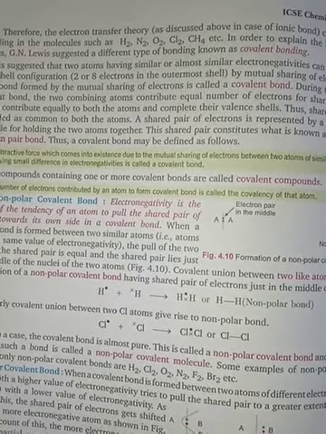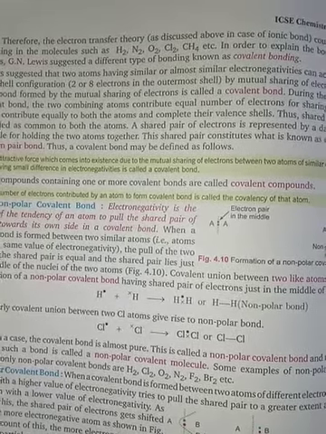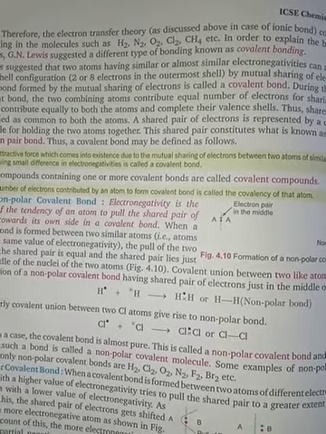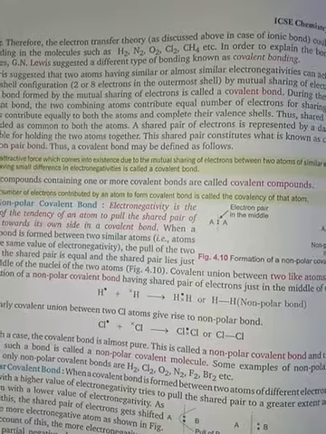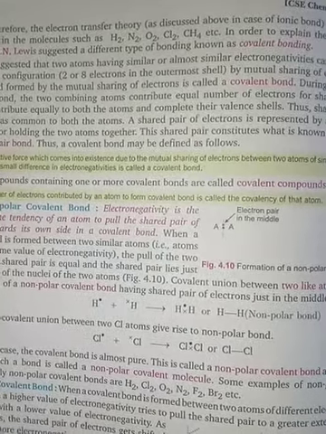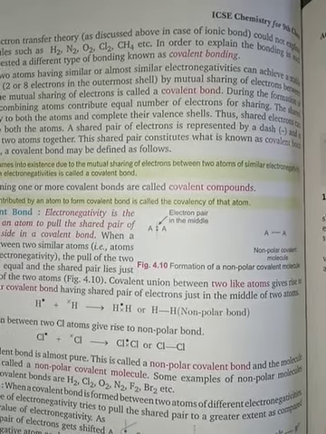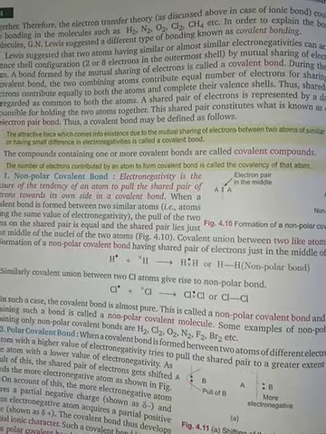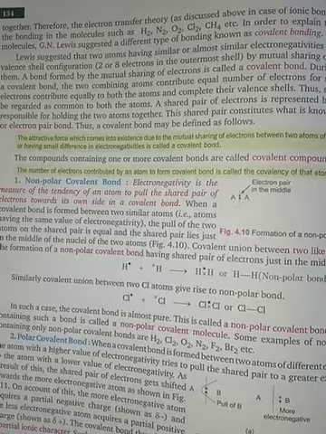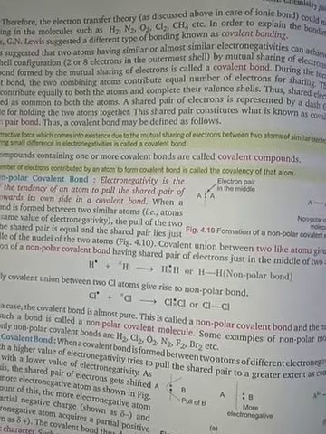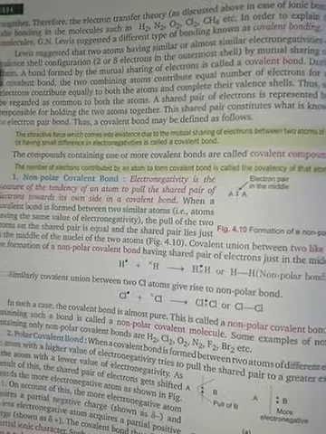Where there is not much difference in electronegativities, how is the bond formed? Lewis suggested that two atoms having similar or almost similar electronegativities can achieve a similar valence shell configuration of 2 or 8 electrons in the outermost shell by mutual sharing of electrons between them.